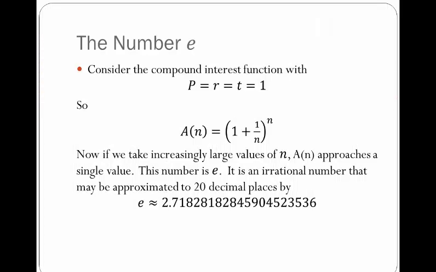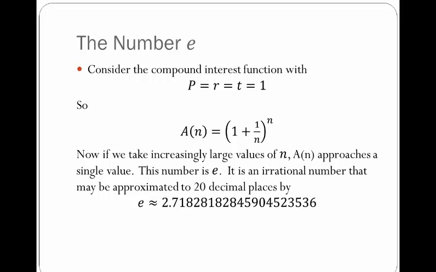And that is based on the number e. The number e is a special number in mathematics. It's an irrational number, that's why we need a symbol for it. An irrational number, if you'll remember, is a number that has an infinite non-repeating decimal. Pi is one of those. But e is another one.